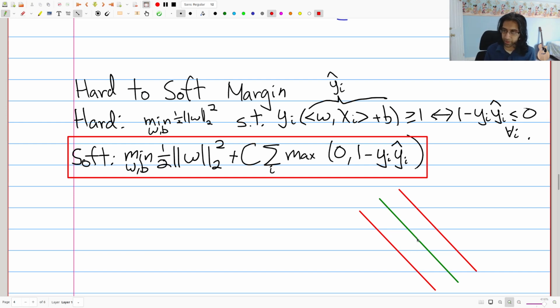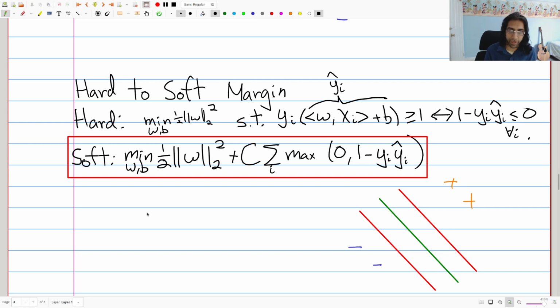There might be some exceptions now, but there are going to be the 2 margins sitting one away from it in this normalized version of the problem. So this is what we've got, and let's see how the loss function, this thing right here, corresponds to the value based on where it appears in this picture. Let's pretend, of course, that this side is the plus side, and this side over here is the minus side.